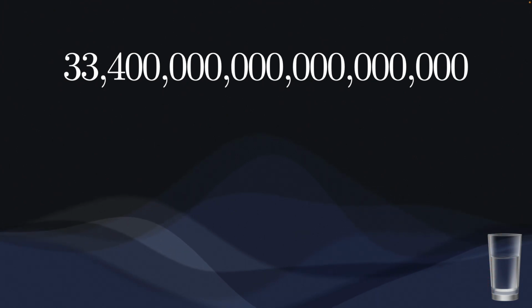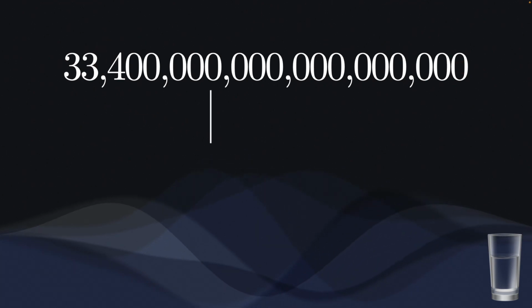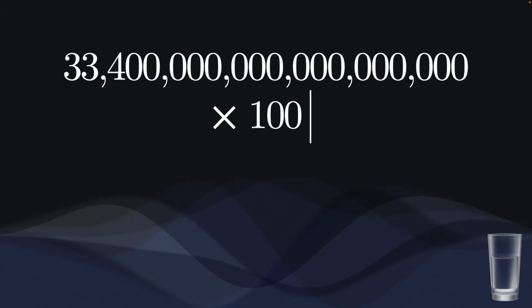So let's convert that into cubic centimeters. In 1 cubic centimeter, there are about 1,000 cubic millimeters. So to find the number of molecules in a cubic centimeter, we times that number by 1,000.